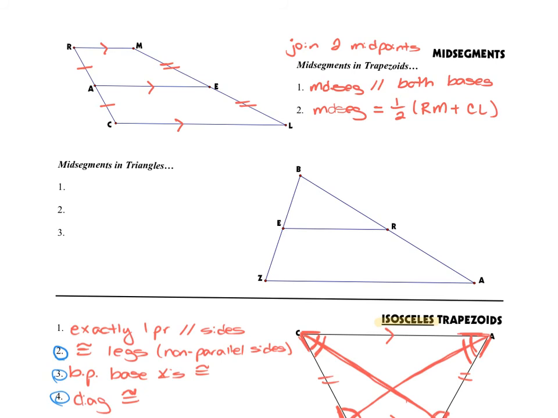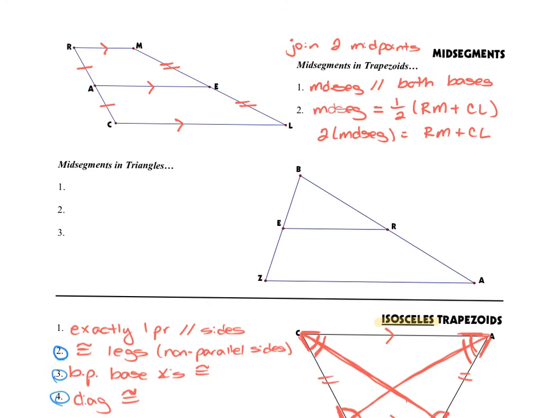So our midsegment AE is going to be half that sum. We can also rearrange this equation, and you might have a preference. You can write 2 times the midsegment equals RM plus CL. So 2 ways that we can write that. And we're going to work with that algebra quite a bit.